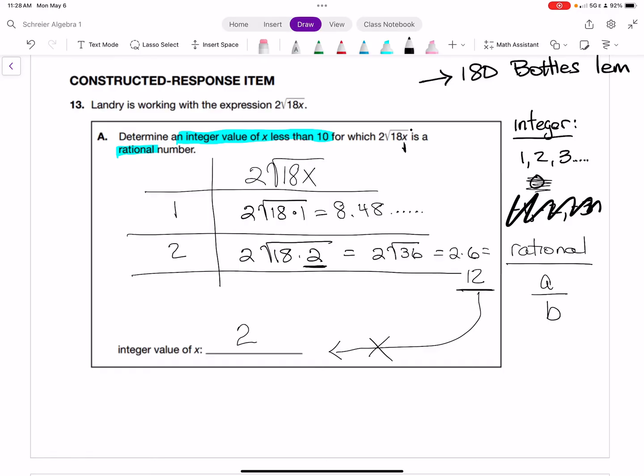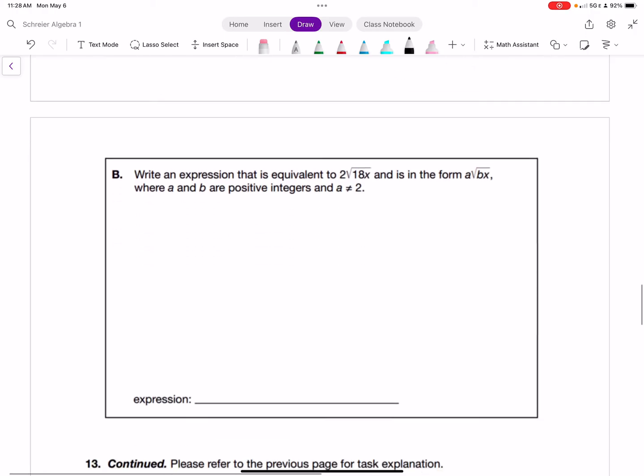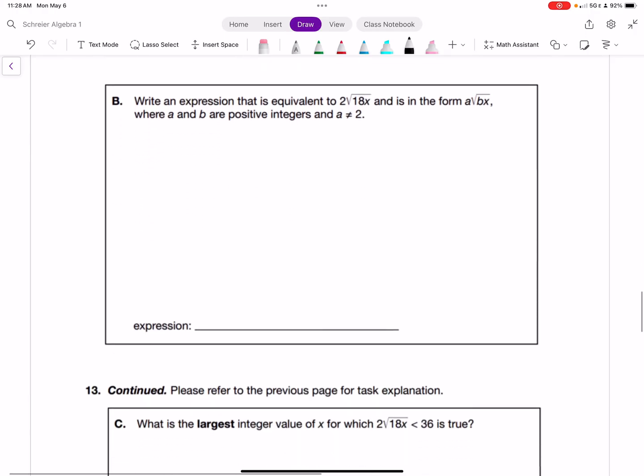Now, in your constructed response questions, we're going to stay with that function, and we're just going to keep building upon the questions you have already been asked about it. So the second part asks you, write an expression that's equivalent to 2 root 18x and is in the form a root bx, where a and b are positive integers, and a is not 2. Okay, so in order to do this, this is the kind of stuff we probably would have done more often in class.